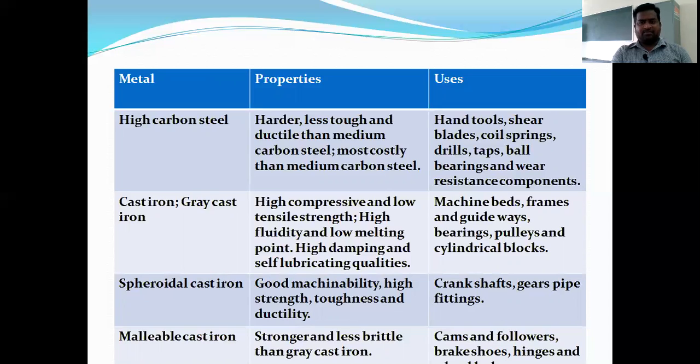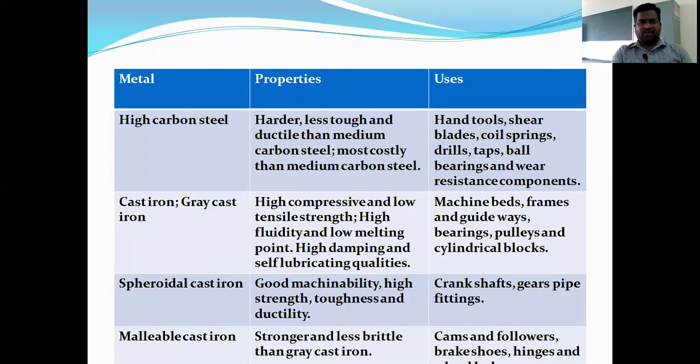We have mentioned the cost here also. Where are we using high carbon steel materials? Hand tools, shear blades, coil springs, drills, taps, ball bearings, and wear resistance components. Okay, so these are the metal, properties, and uses, where we are using these materials.